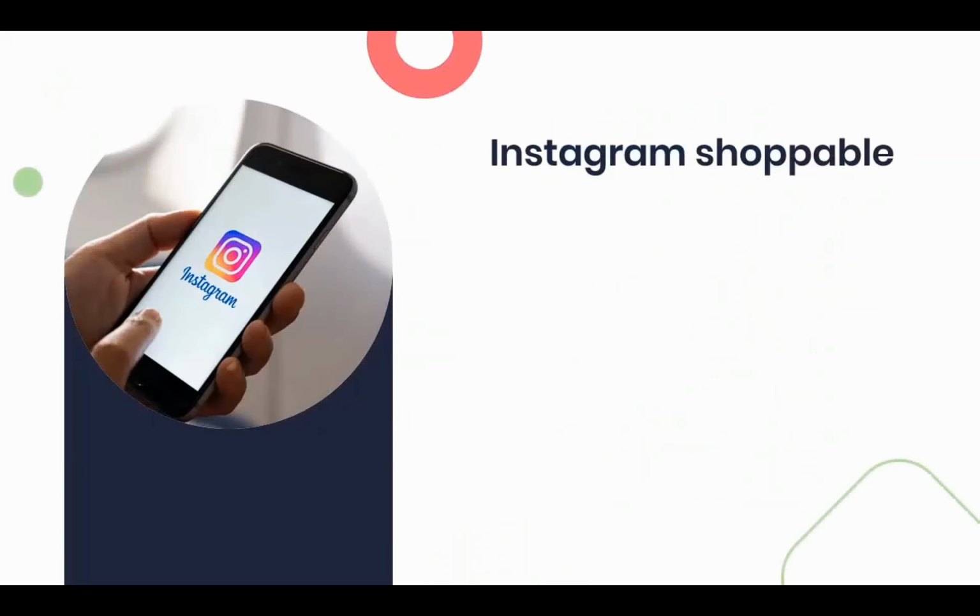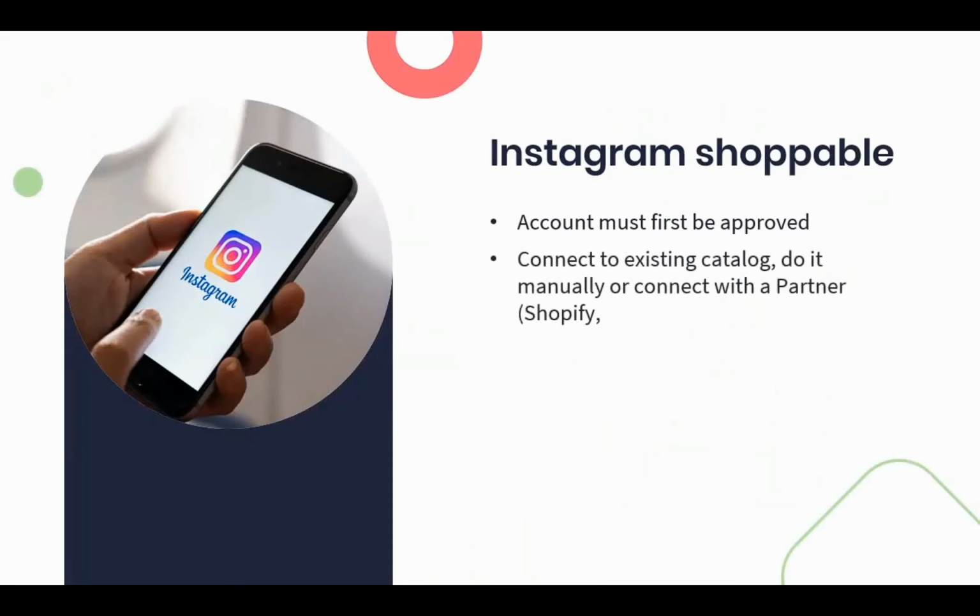Then there is Instagram shoppable, but the account must first be approved, so there are certain constraints or requirements before you can access this feature. You can then connect to an existing catalog, or do it manually, or connect with a partner, which is specifically Shopify or e-commerce, which is what we touched on in the last lesson as well.